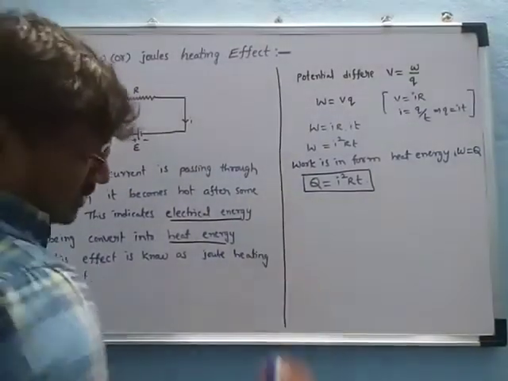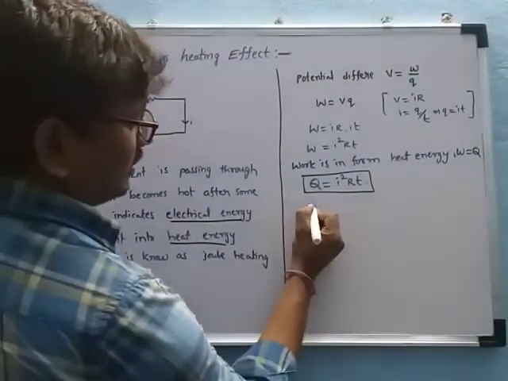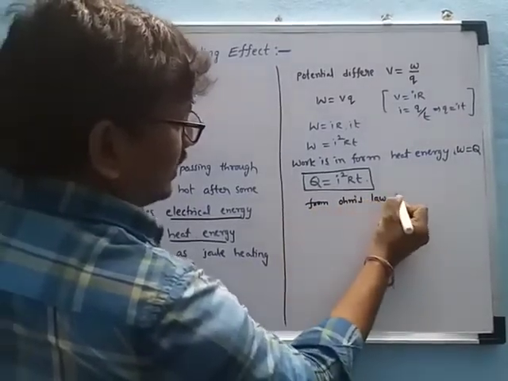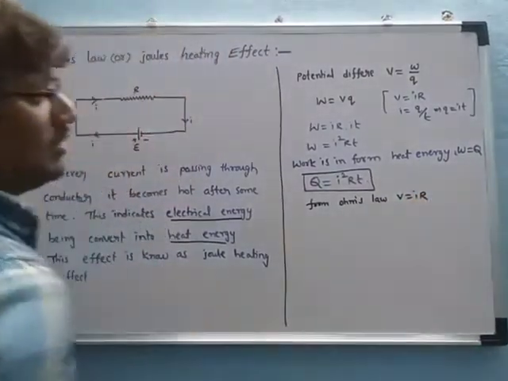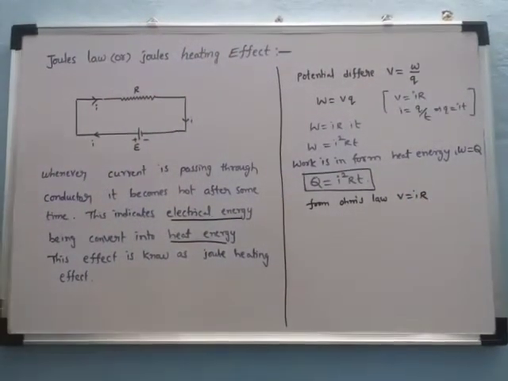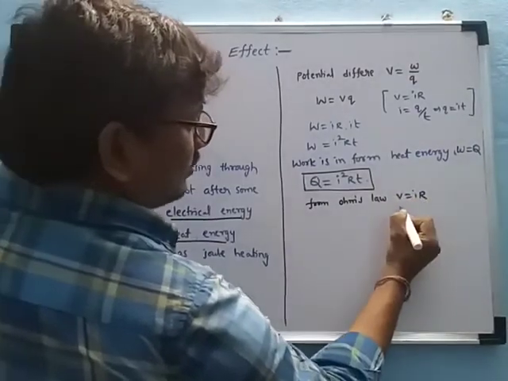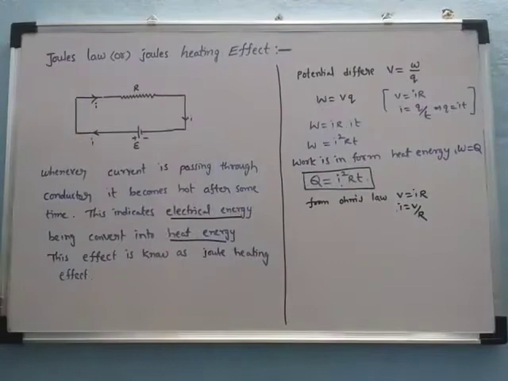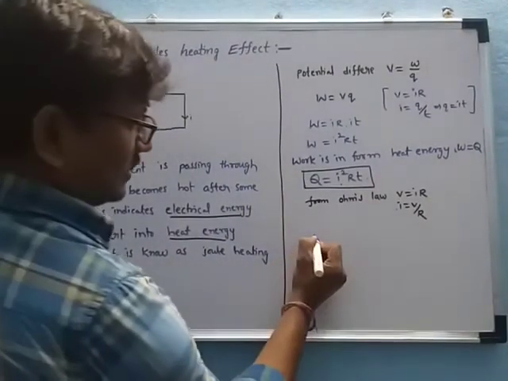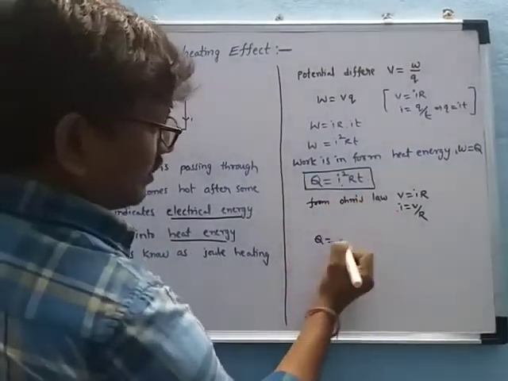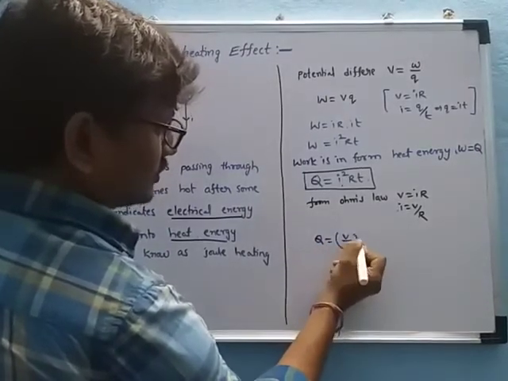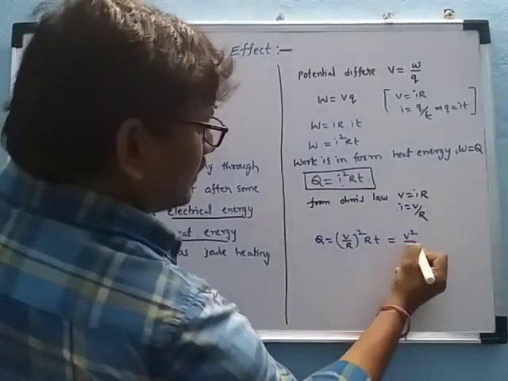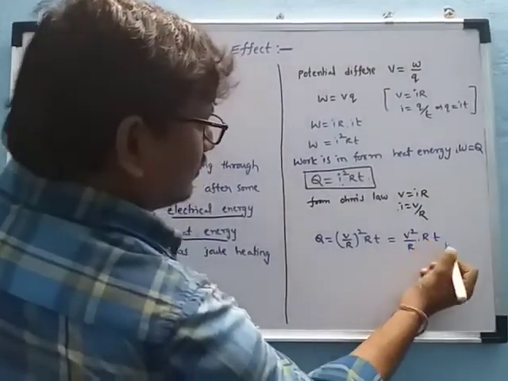Now another equation can be developed using Ohm's law. V is equal to I into R, so I is equal to V by R. Substituting this I value, Q is equal to (V by R) whole squared into R into t, that is V squared by R squared into R into t.